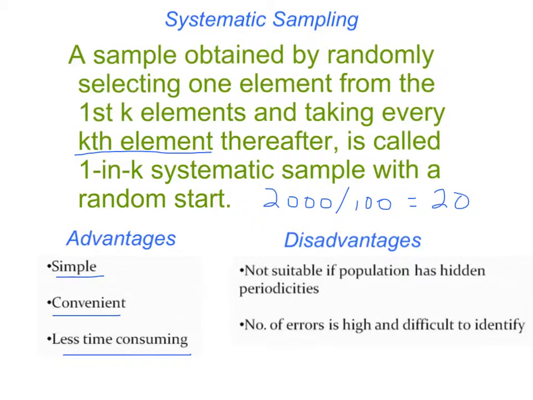The selected sample would then be mostly or all Hispanic, which would overrepresent Hispanics in the final sample. This means the sampling technique is no longer random, and the representativeness of the sample is compromised. The number of errors in systematic sampling is high, and they're very difficult to identify.